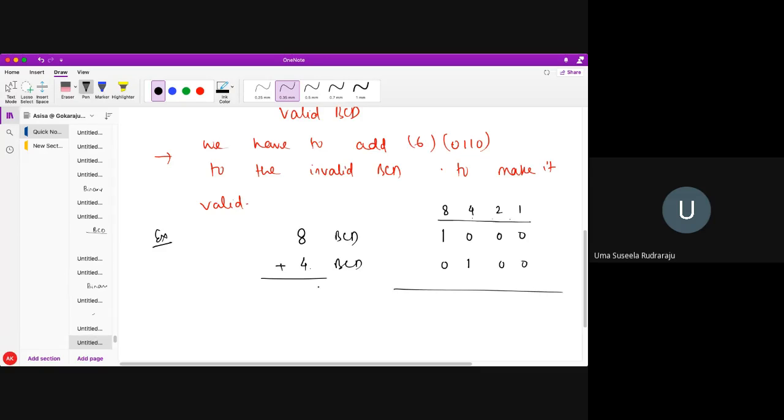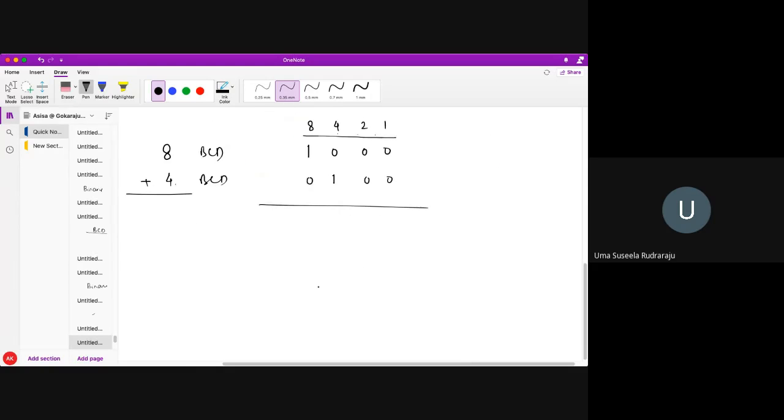So what am I doing here? First of all, in order to add two BCD numbers, I have to follow certain rules. We have to add corresponding digits. So this and this are corresponding digits: 0 plus 0 is 0, 0 plus 0 is 0, 0 plus 1 is 1, 1 plus 0 is 1. Now you have to see the result carefully.